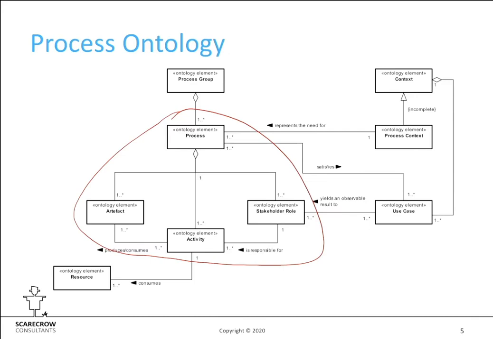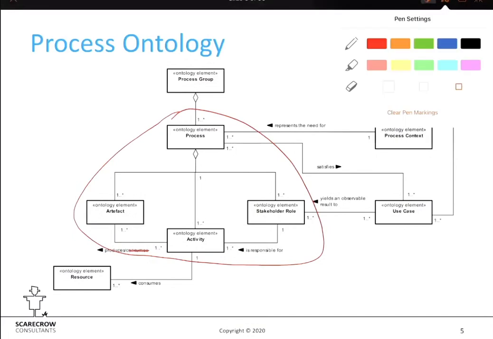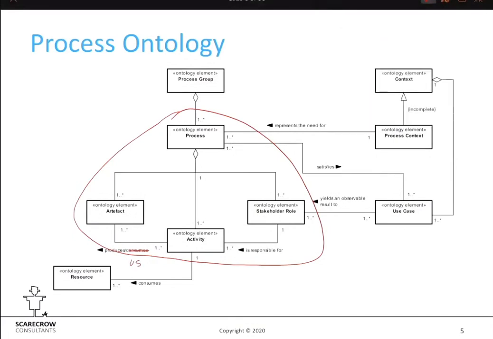And then we've got the concept of artifacts, and artifacts are produced and consumed. Consumed is probably a slightly misleading name. So actually produces and uses artifacts would be better.